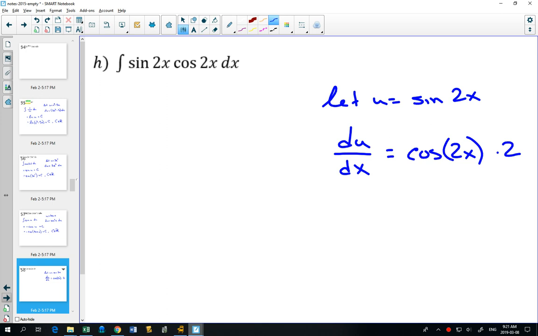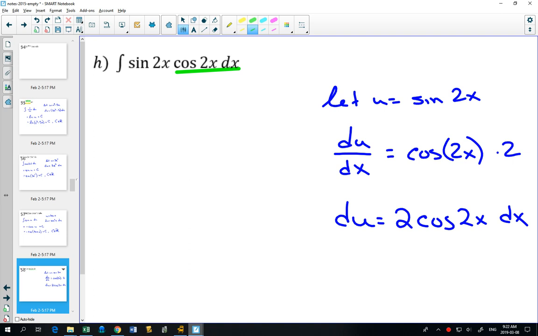And so I've got a problem, because if I get du by itself, I'm going to just put this 2 in front. I can't just replace that with du, because du has an extra 2 there.